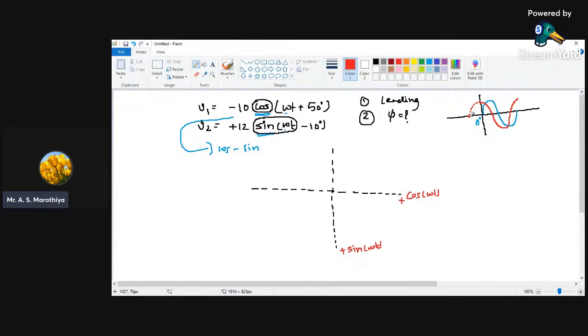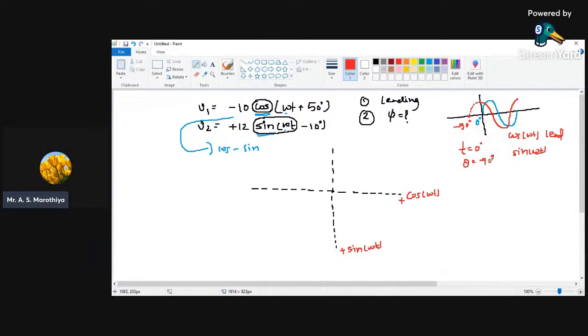So it is very clear that the cos function, or you can say cos omega t function, is going to lead the sine function. Why? Because from this graph it is very clear that sine component is going to appear at t equals 0 or theta equals 0 degree, but the cos function started at theta equals what?